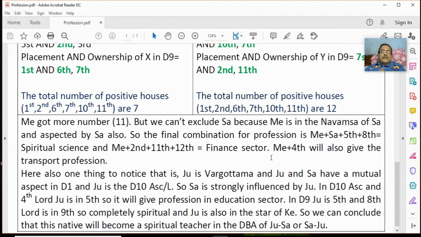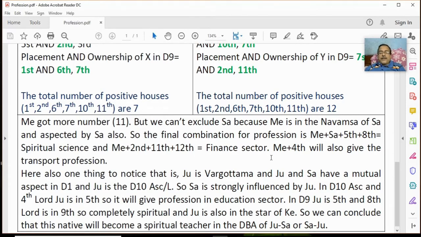Here also one thing to notice is that Jupiter is Vargottama, and Jupiter and Saturn have a mutual aspect in D1, and Jupiter is the D10 ascendant lord. So Saturn is strongly influenced by Jupiter. In D10, ascendant and 4th lord Jupiter is in 5th.